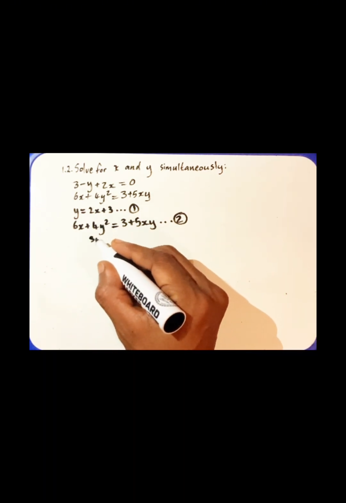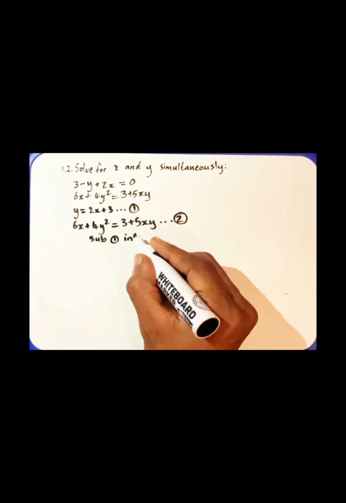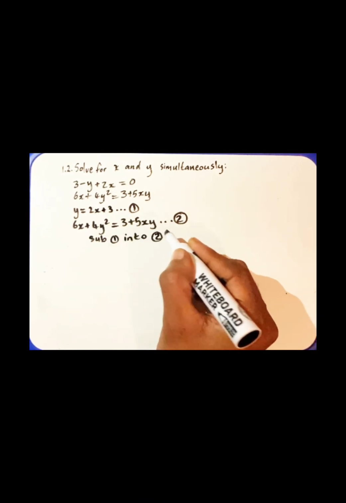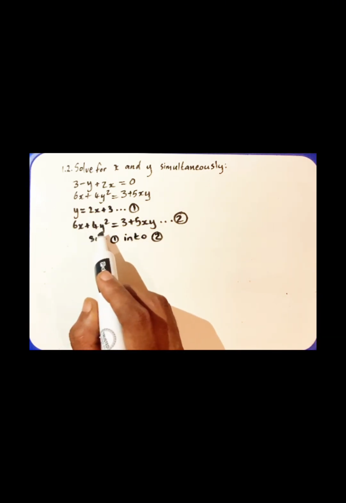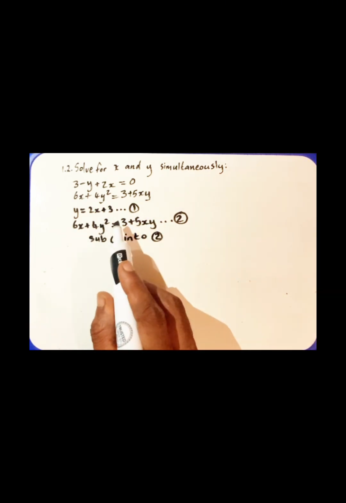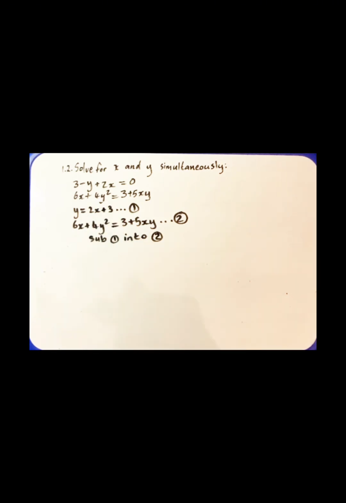Now we will substitute equation 1 into equation 2. So that means whenever you see y in equation 2, you will replace it with 2x plus 3. And every time you replace it, make sure you put it inside the brackets.